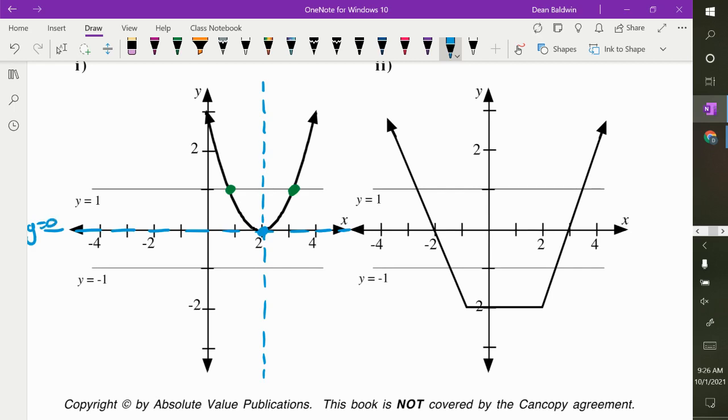Okay, then you sketch your graph. You have to go through the invariant points, the green dots. You can't touch any of the asymptotes. So the only thing you can really do is this.